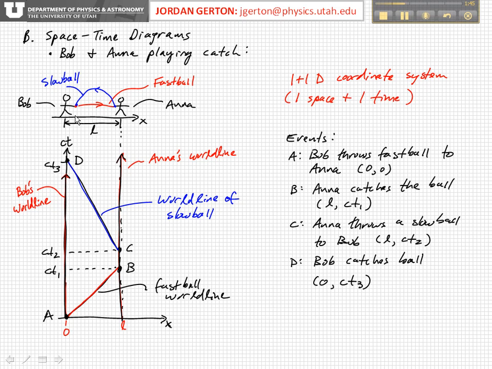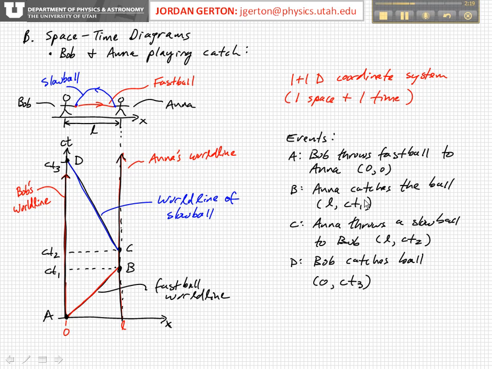If we arbitrarily set the x coordinate origin to Bob's position, and we imagine that whatever clock we're using to measure time, we reset it to 0 when Bob releases the ball, then the coordinate of that event is x equals 0, and CT equals 0.